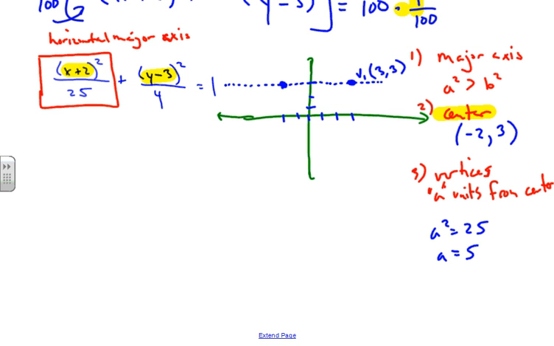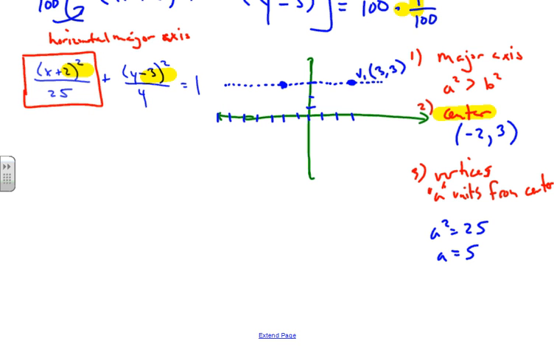And then we're going to go 1, 2, 3, 4, 5 in the other direction, and that point's going to be over here. Move this over a little bit more. 1, 2, 3, 4, 5, and then we have that point right there. We'll call this vertex 2, which is going to be at -8.